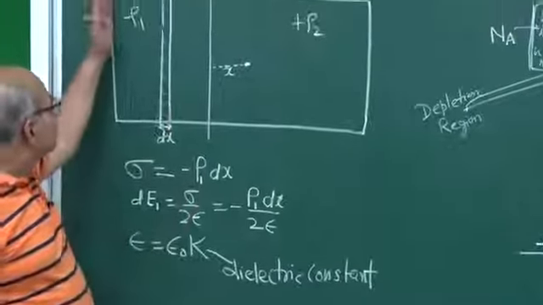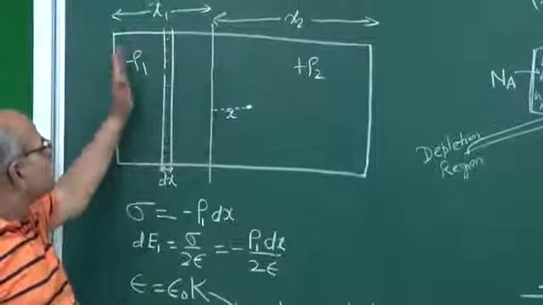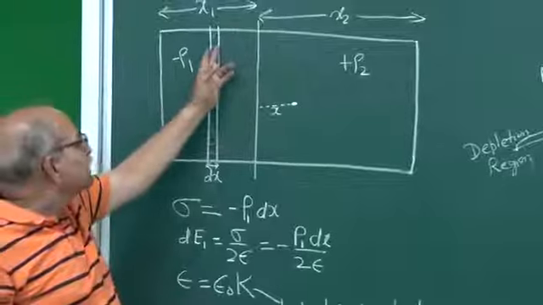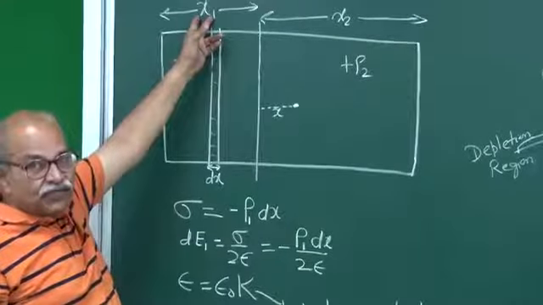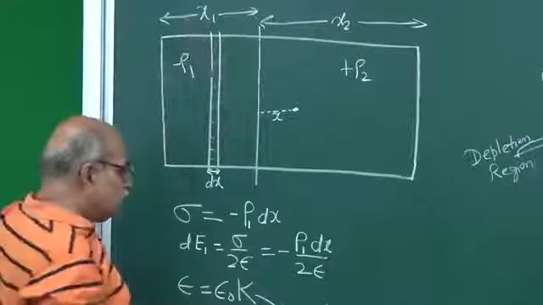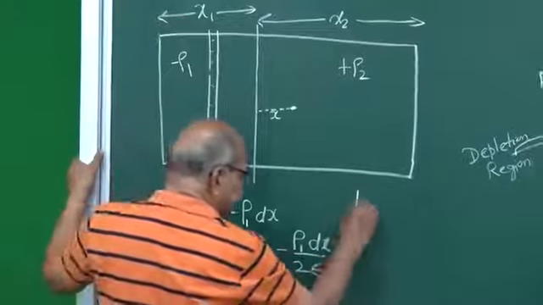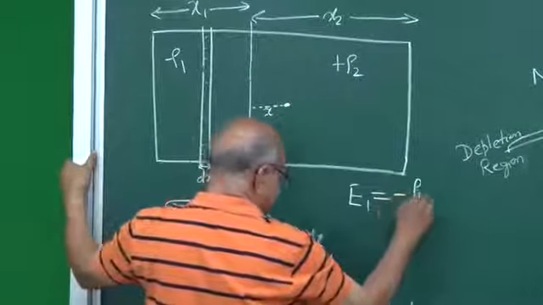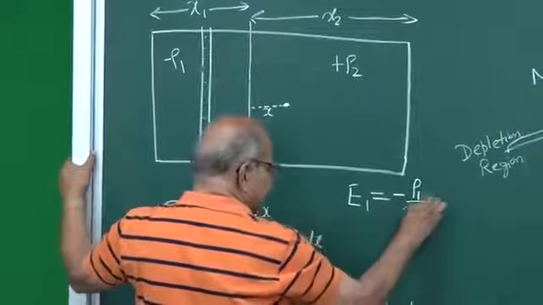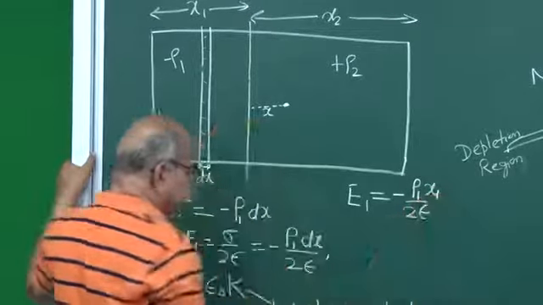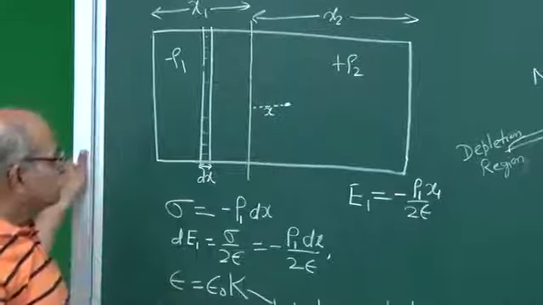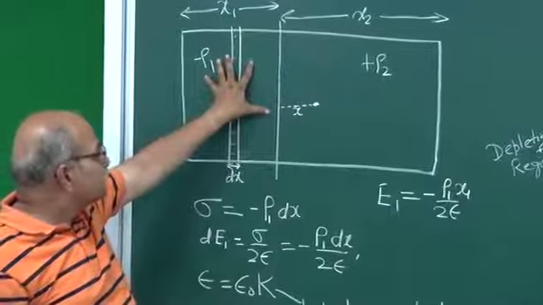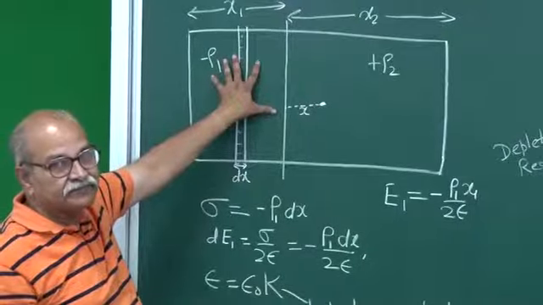Then you integrate over this entire region, the entire width x1, so dx will be integrated to x1, and so E1 will be equal to minus rho 1 divided by 2 epsilon times x1. This is the field at this point because of this whole negative charge here.